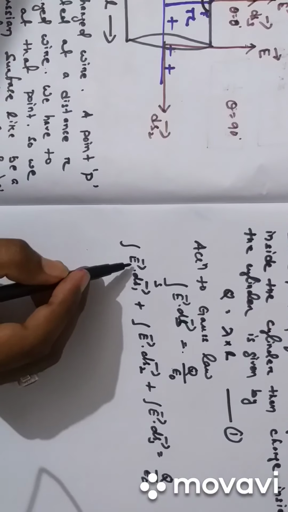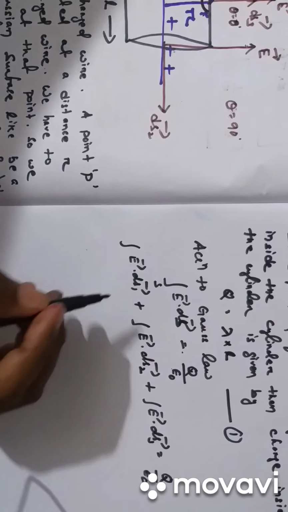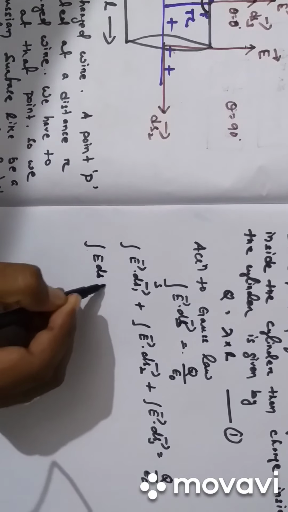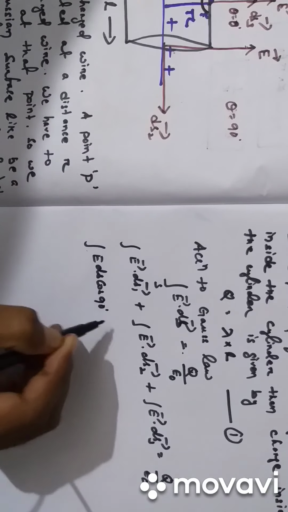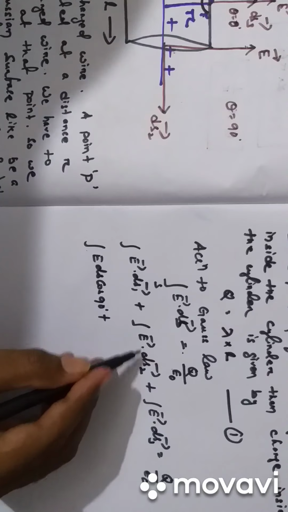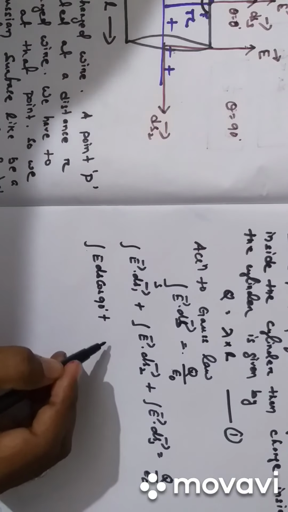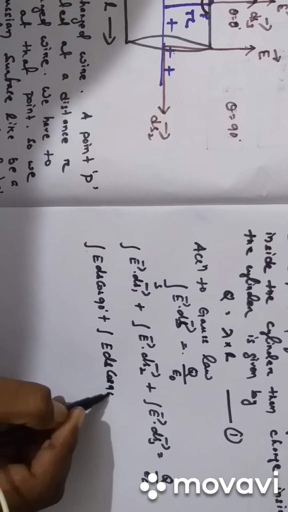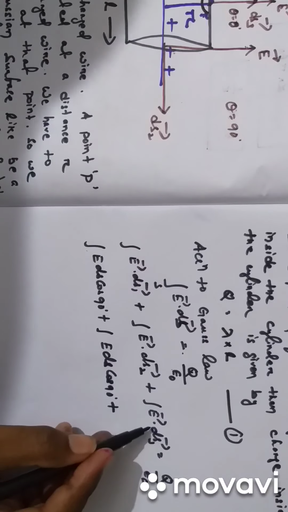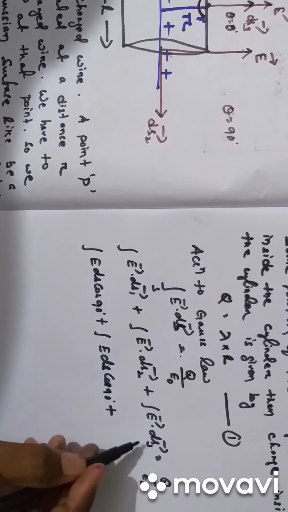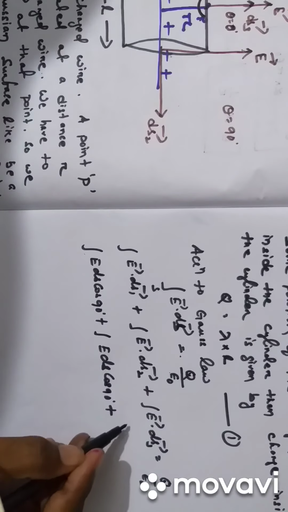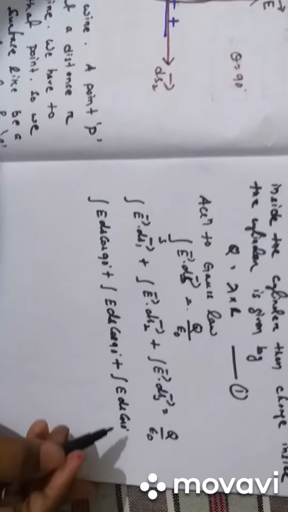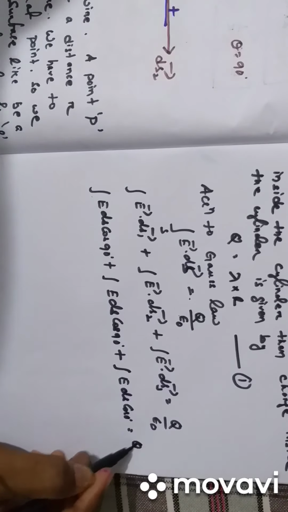For the first surface, E vector and ds vector create an angle of 90 degrees, so the term is integration of E ds cos 90 degrees, plus in the second surface E vector and ds2 vector also create an angle of 90 degrees, so E ds cos 90 degrees. But in the third surface, electric field intensity and ds3 vector create an angle of 0 degrees, so E ds cos 0 degrees, which is equal to q by epsilon naught.